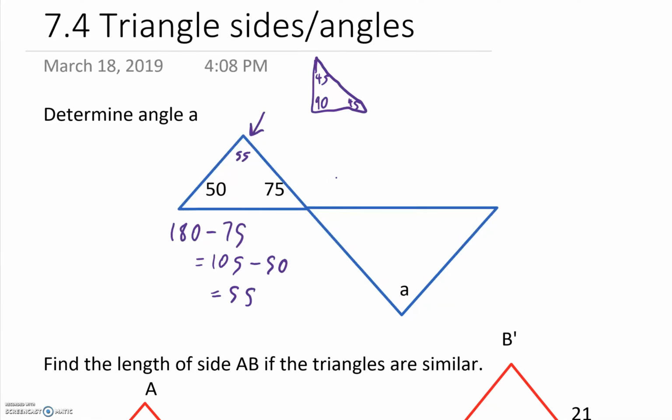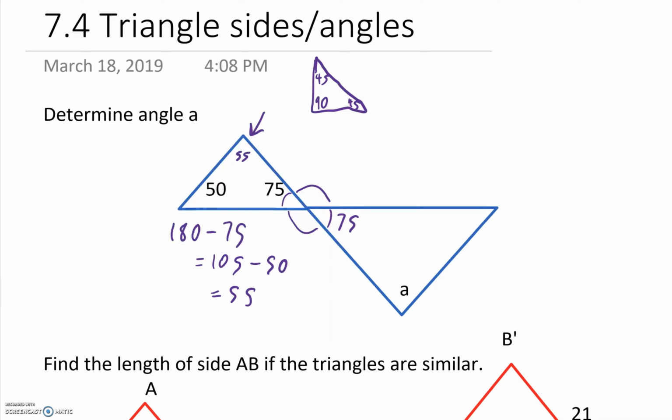Which is important because if you have two parallel lines and you have another parallel line, you know the angles are going to be the same in all the different spots, right? So with that in mind, this angle is the same as this angle. This angle is the same as this angle. So this is going to be 75.